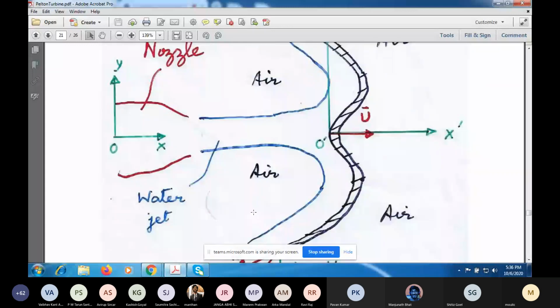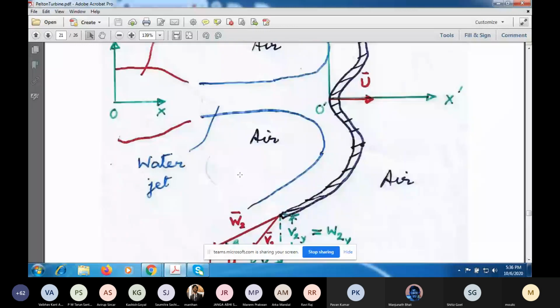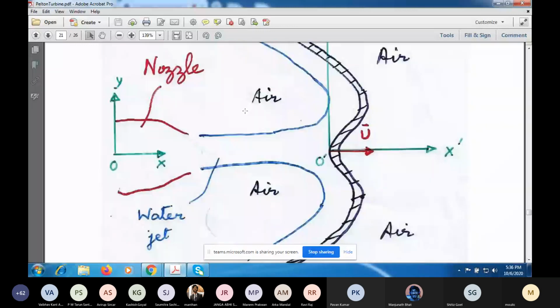If you look at this right angle triangle, this vertical distance, which I've shown in dotted green lines, represents the y component of W2 as well as the y component of V2. And the x component of V2 is W2x minus the magnitude of U. You have air above, air below, this is the water jet, which is deflected.